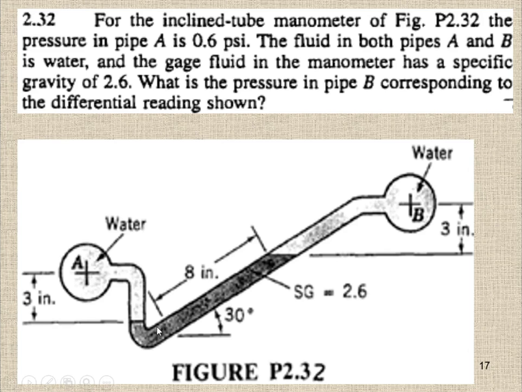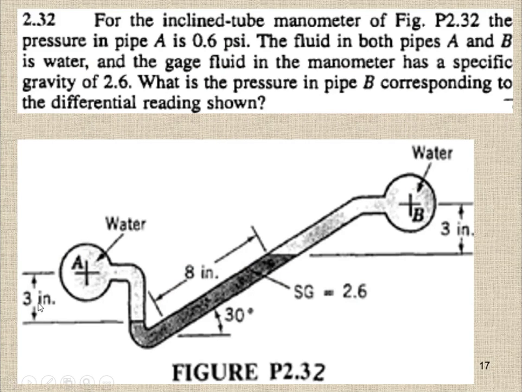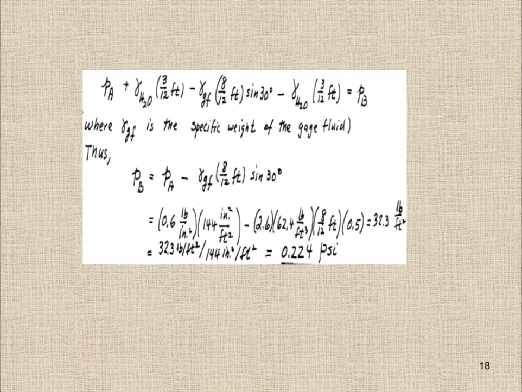Equals, so let's see here, PA plus gamma of H2O. Since this is 3 inches, we have to convert into feet. This is 3 divided by 12. So here 3 divided by 12 times gamma of H2O.